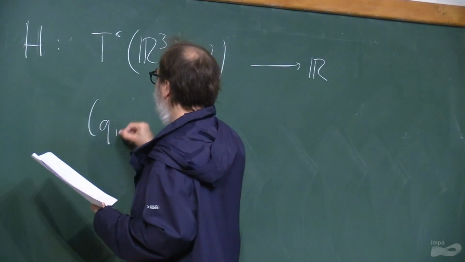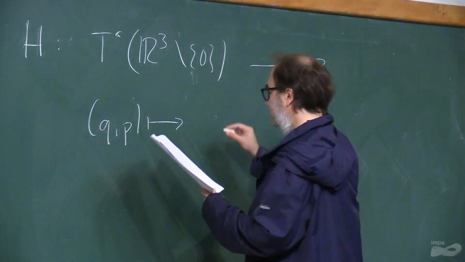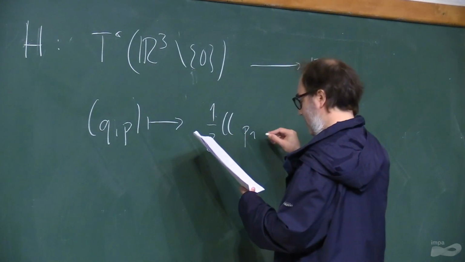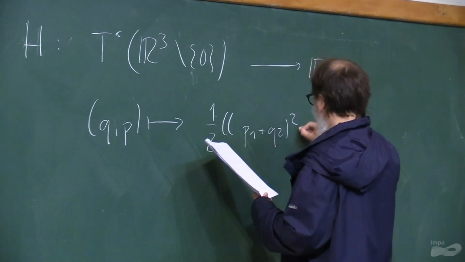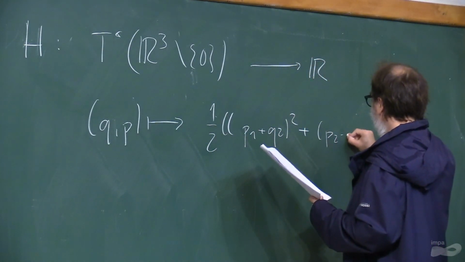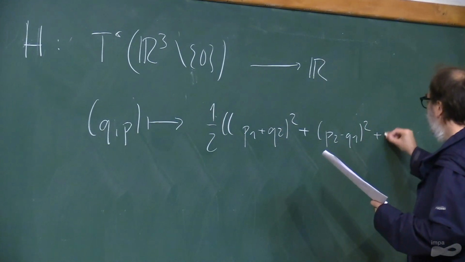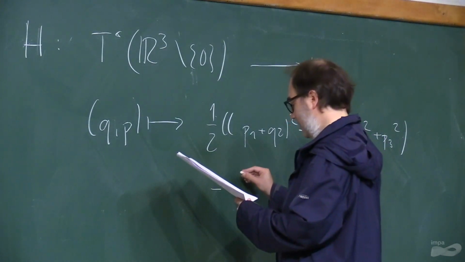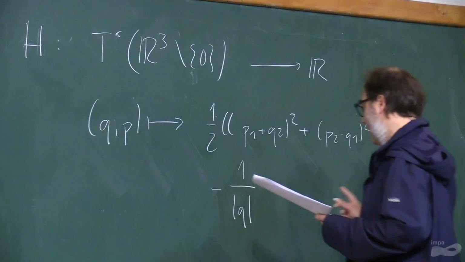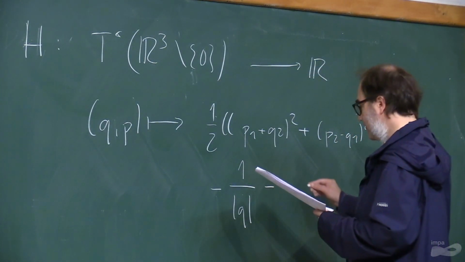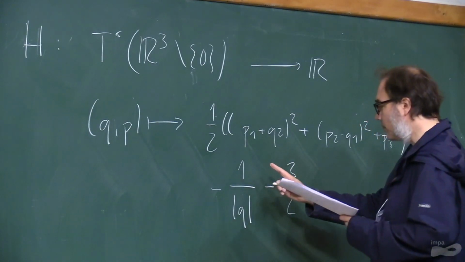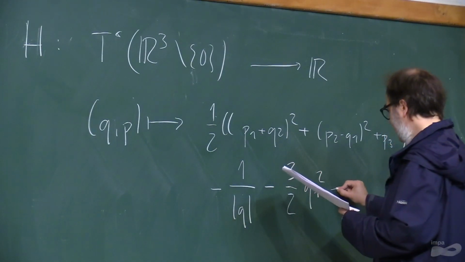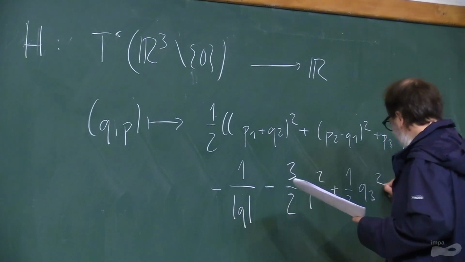And we have (q, p) goes to 1/2 ((p1 + q2)^2 + (p2 - q1)^2 + p3^2). And then what is left from the last terms, first write it down: minus 1 over |q|, then we have minus 3 over 2 q1 squared plus 1 over 2 q3 squared.